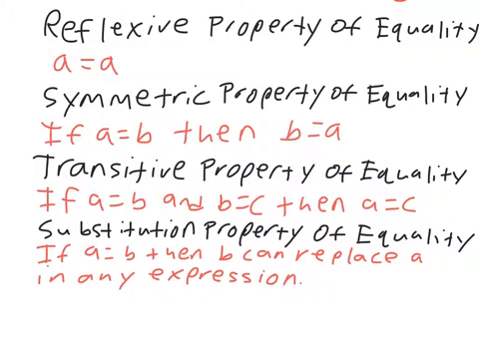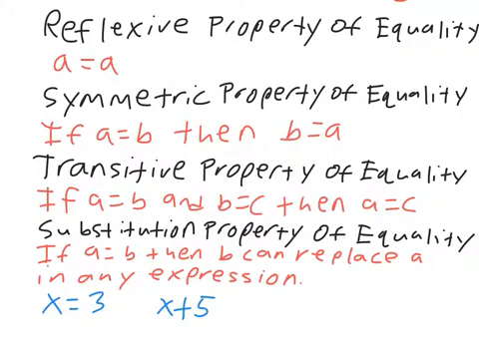The next property is the substitution property of equality. That says if A and B are equal, then B can replace A in any expression. So just a quick example of this. If you have, say, x equals 3, so you know x equals 3, and we have an expression x plus 5.